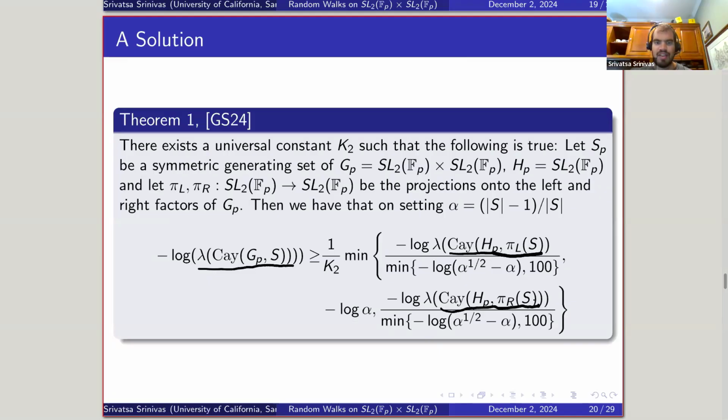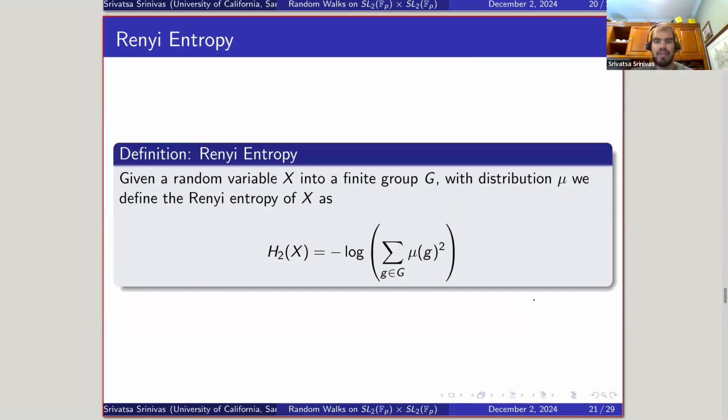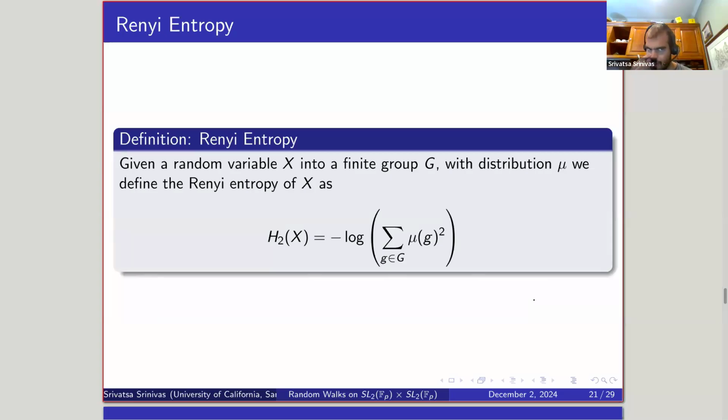Yeah, here's the idea. So basically, we're going to define the Rényi entropy as the negative log of the L2 norm of the probability distribution. So let's take a few examples.